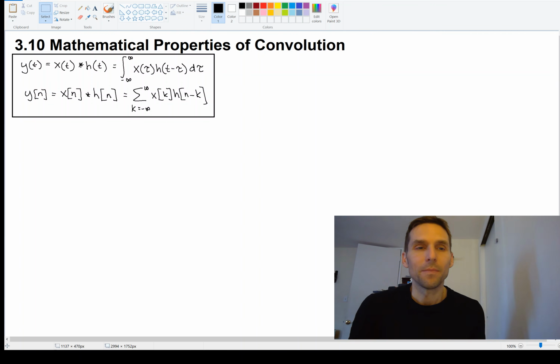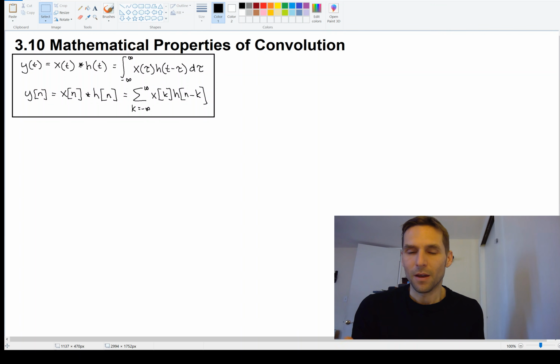Hi, welcome back. From the analysis of linear time-invariant systems came this mathematical operation called convolution. This is just a mathematical operation, and just like other mathematical operations, it has some properties that we should be aware of that will help us perform these convolutions.